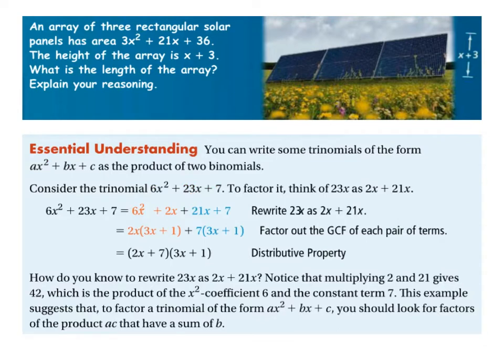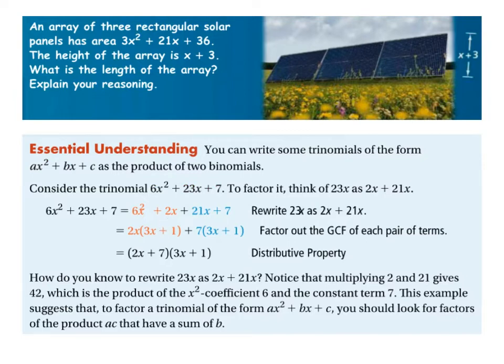If you think of the first two, 6x squared plus 2x, as a binomial you factor a monomial from, we can divide them both by 2x. They both have an x and a 2. Dividing 6x squared by 2x, 6 divided by 2 is 3 and x squared divided by x is x, so 3x. Dividing 2x by 2x gives 1.